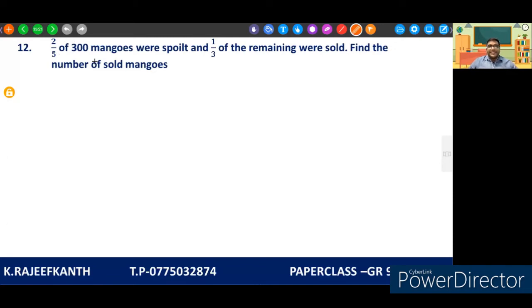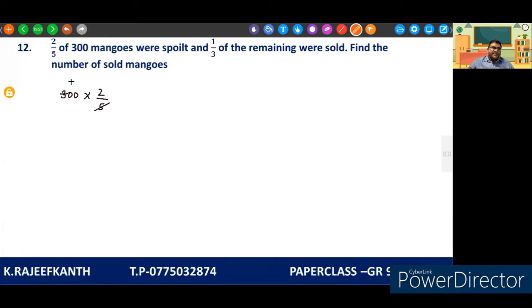Right. 2/5 of 300 mangoes were spoiled. Here there are 300 mangoes. So first we have to find the spoiled mangoes. The number of spoiled mangoes is 300 into 2/5.